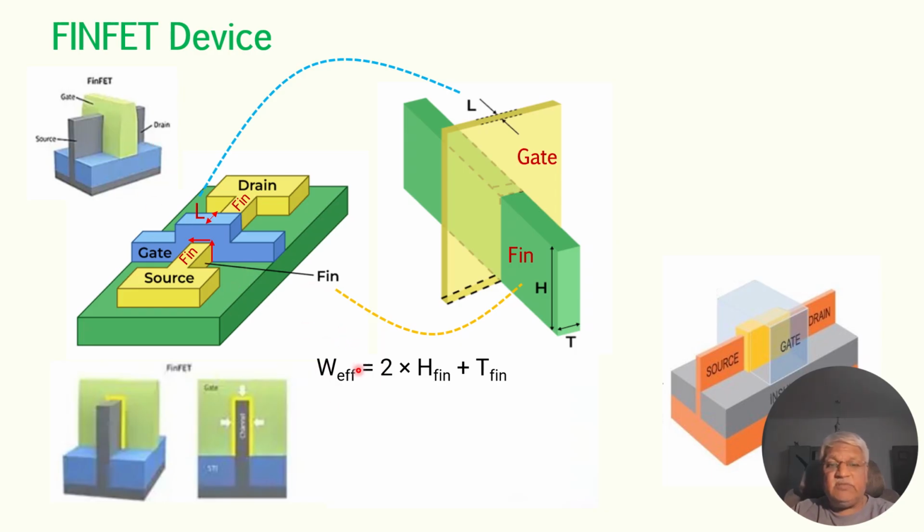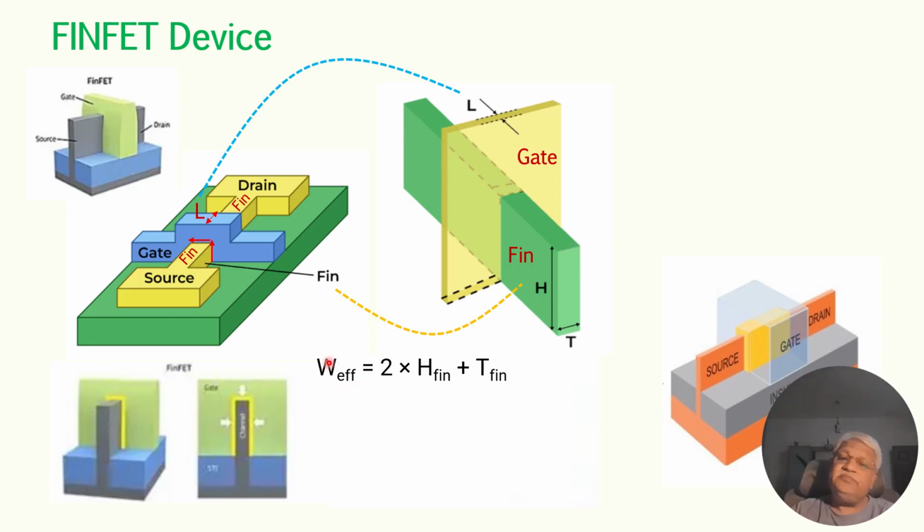This FinFET device's effective width is two times the H fin. This is the height of the fin, and this is counted two times. So this is one height, another height, and the thickness of this. So this is the effective width.